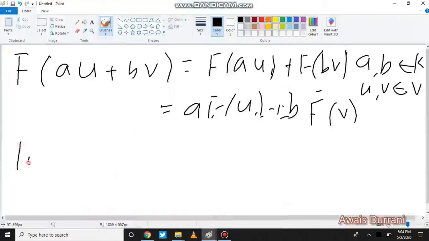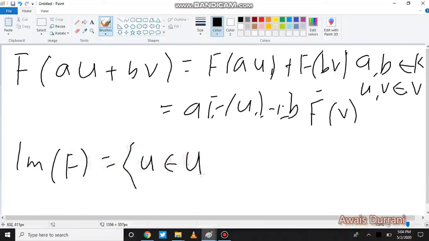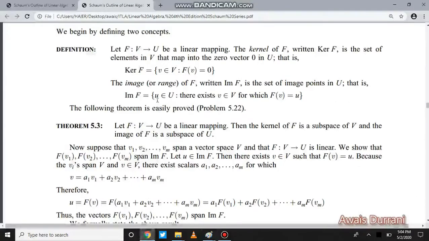I say that image of f will contain those elements of U which we obtain as a result of operating f on some element v, and there exists some element v for that. So this is how we define the image of f. It consists of all those elements of U which are obtained by operating the mapping f on some element of V. Such a collection of such u's is called the image of f.